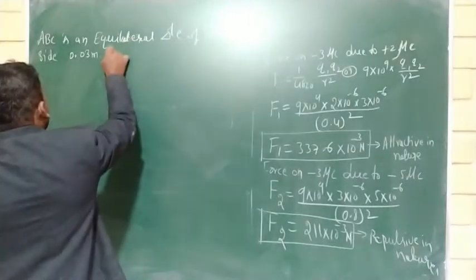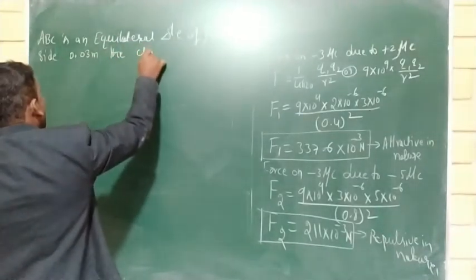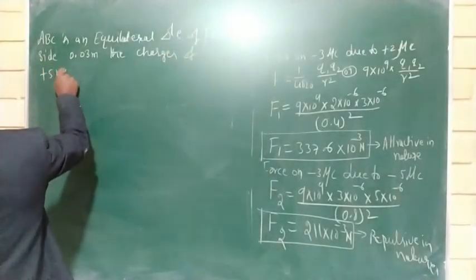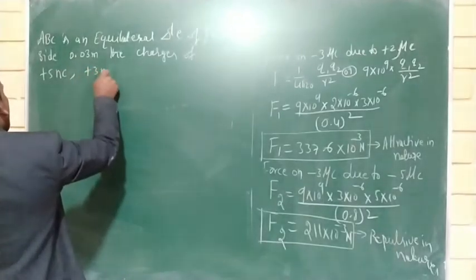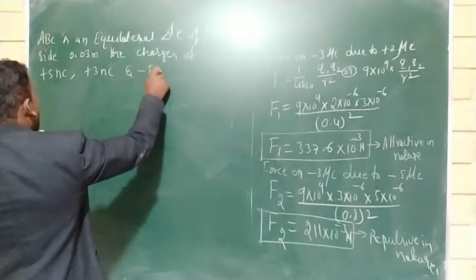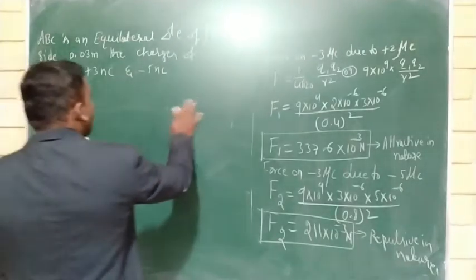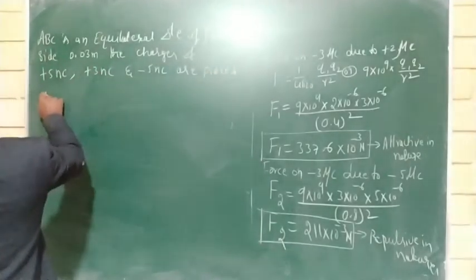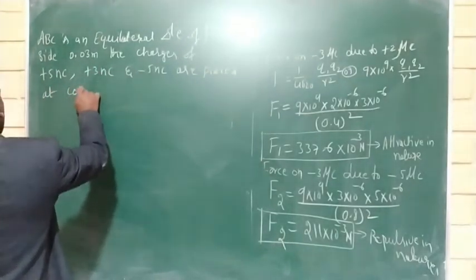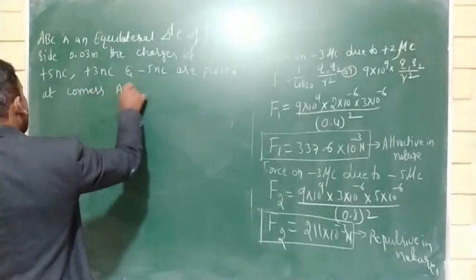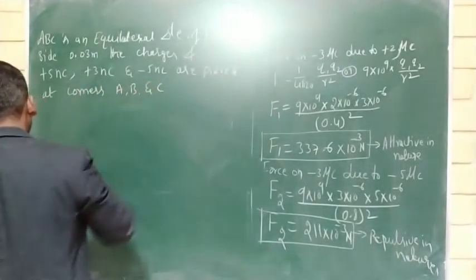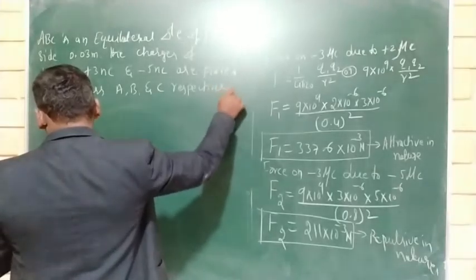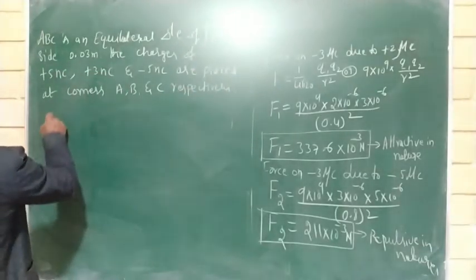The charges of plus 5 nanocoulomb, plus 3 nanocoulomb and minus 5 nanocoulomb are placed at corners A, B and C respectively. Find the resultant force.